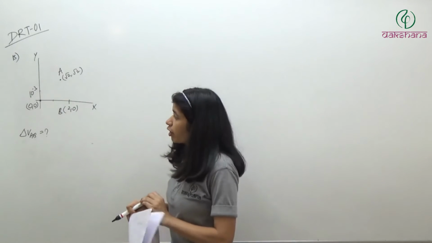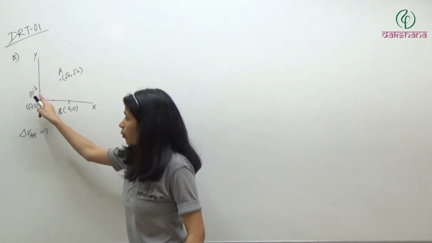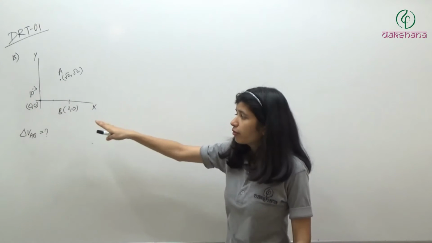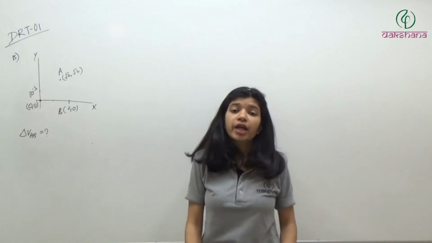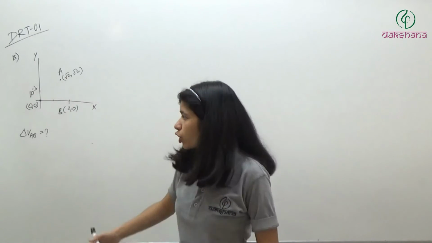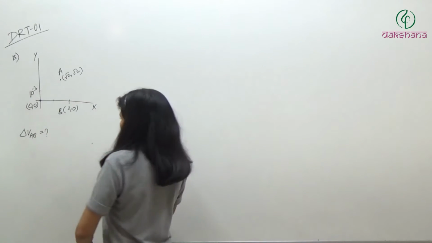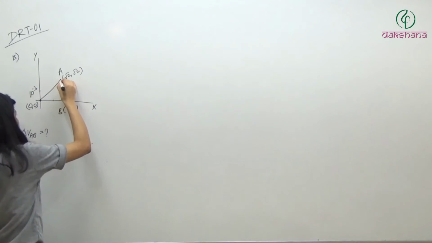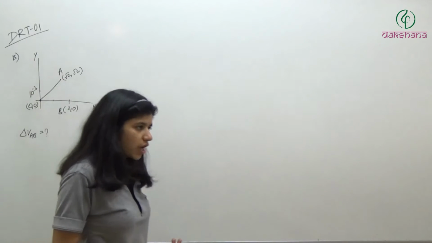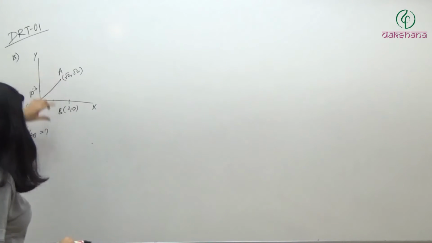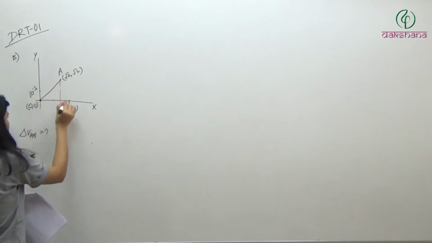So here, if we talk about the potential at a point because of a point charge, it will be KQ by R. So Q is fixed, K is fixed, it will depend on the R. R means the distance of that point from the charge. So if we see here, what is this distance? This is root 2, this is root 2.